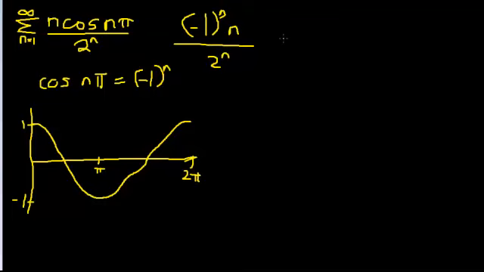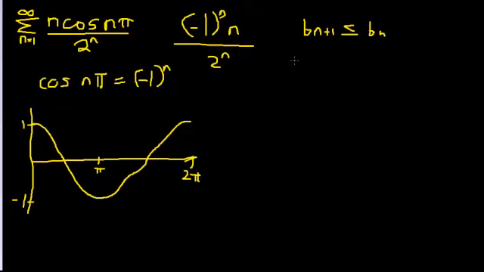So for the alternating series test, we have to make sure a couple of conditions are met. One of the conditions is that b_(n+1) is less than or equal to b_n. And this is our b_n right here.